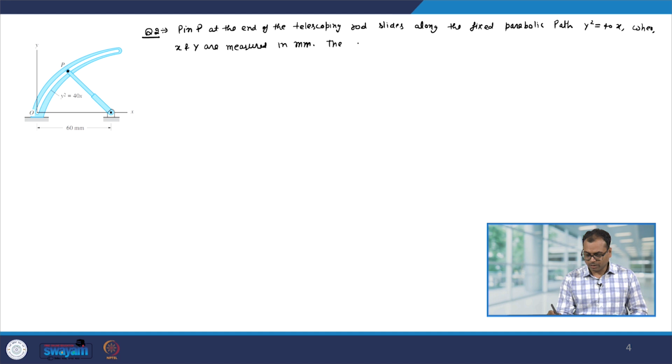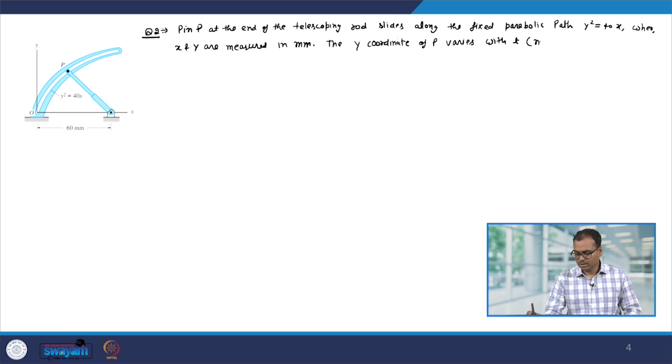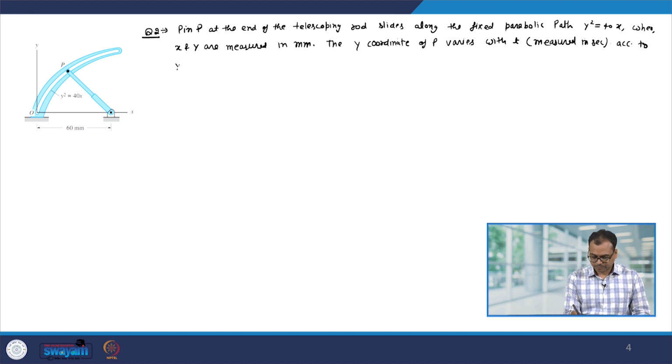The y coordinate of P varies with t, which is measured in second, according to y equal to 4t square plus 6t mm.